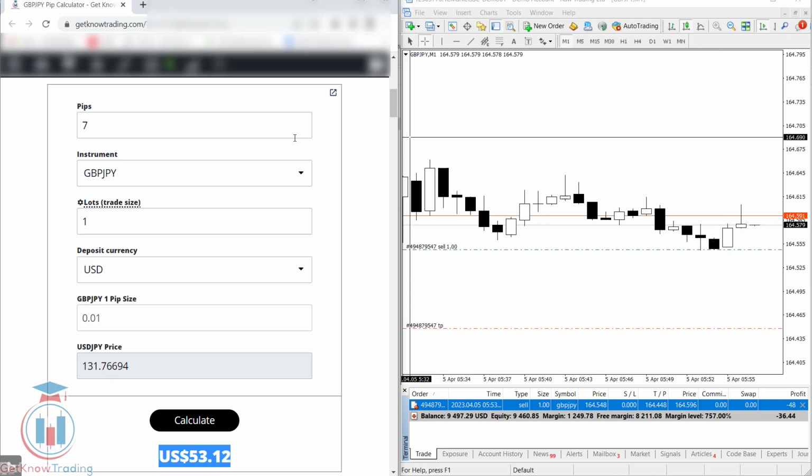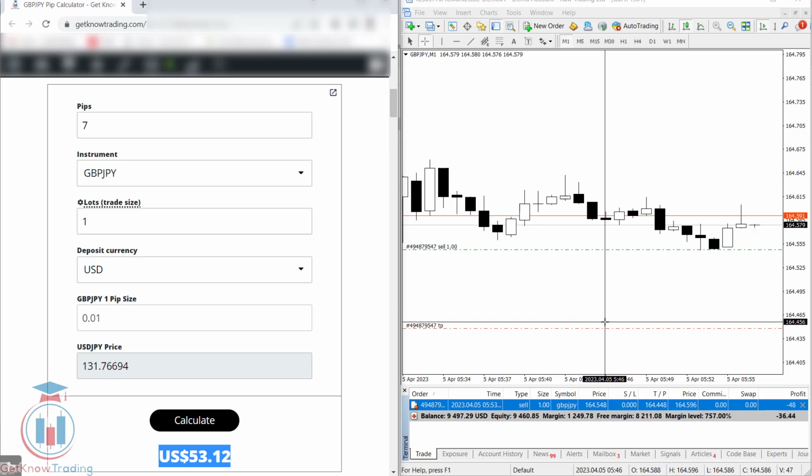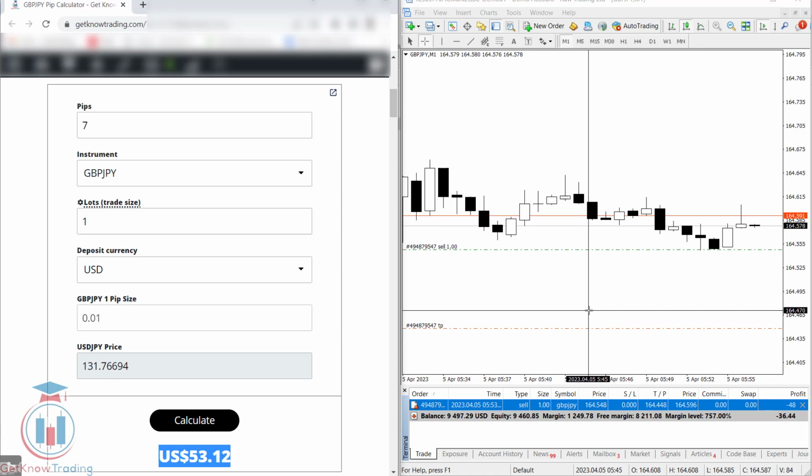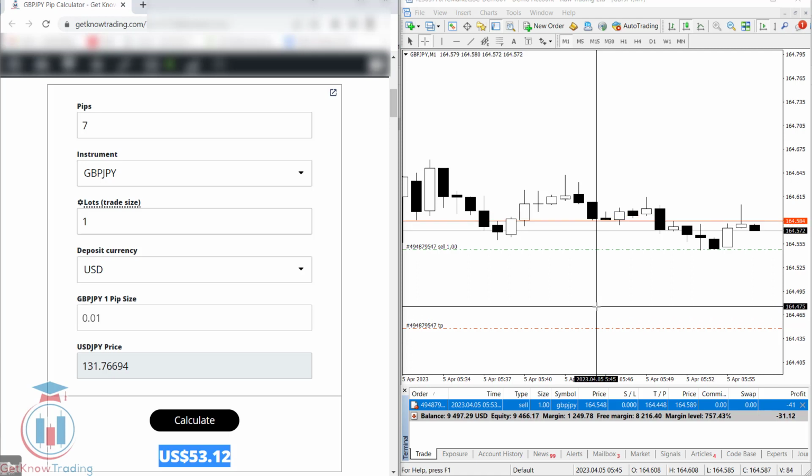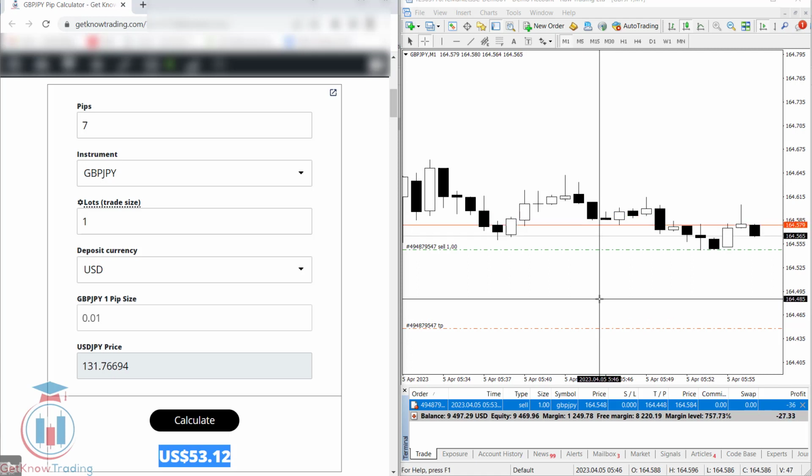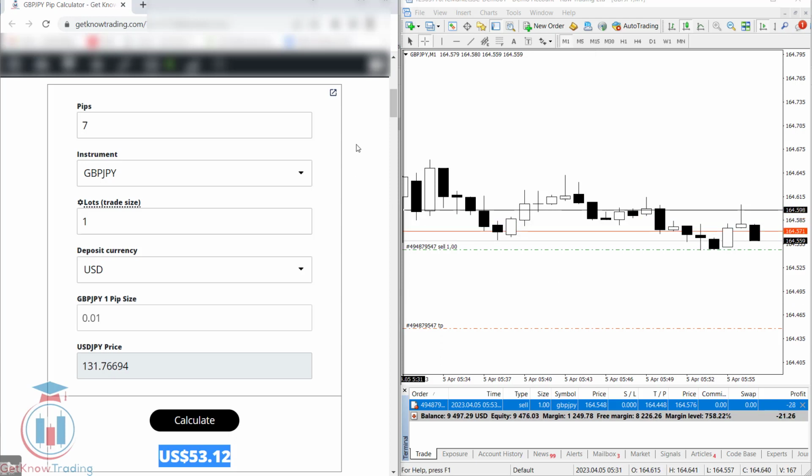So have in mind that this tool helps you easily calculate the pip value, which will help you to define stop loss and take profit, and using take profit and stop loss, it is easy to define the risk to reward ratio, which you need to pay attention to when trading on the Forex market. I hope this Forex pip calculator for the GBP Japanese yen will help you in your trading.